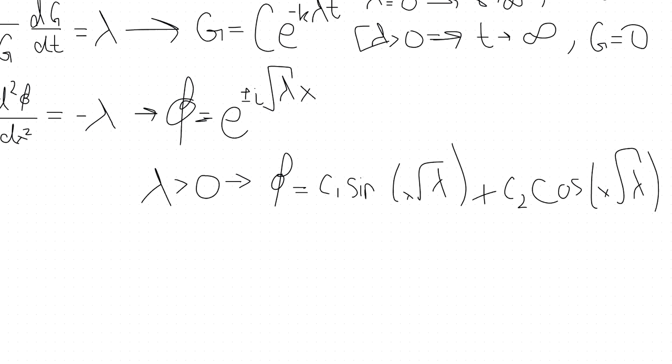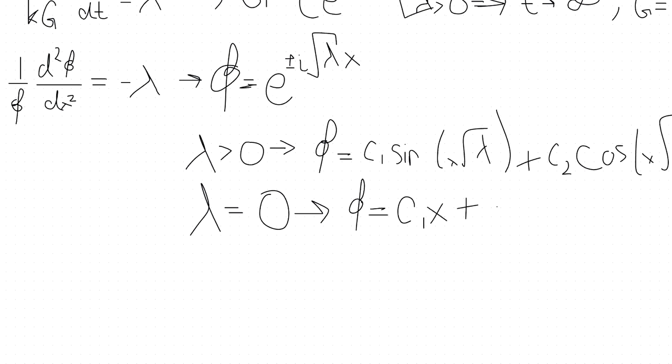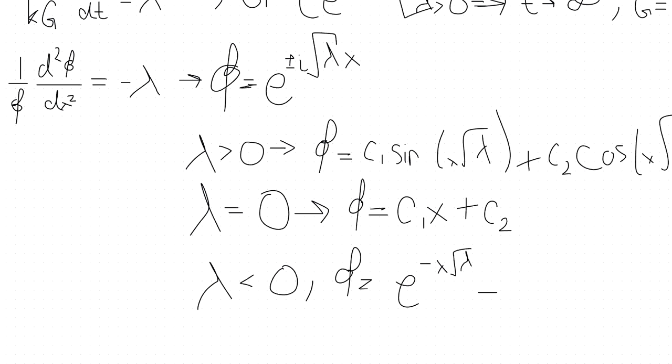Similarly, if we take lambda equals 0, then we know that the general solution to this is c sub 1 x plus c sub 2. And finally, if lambda is less than 0, then this becomes an imaginary number and cancels out with the imaginary number on the outside, and we get c sub 1 e to the minus x square root of lambda plus c sub 2 e to the x square root of lambda.